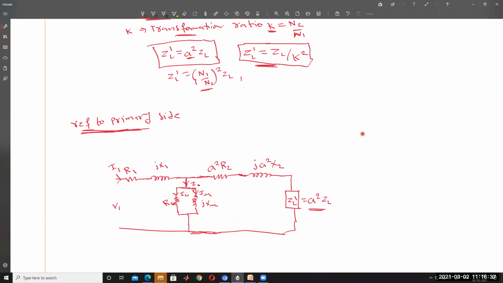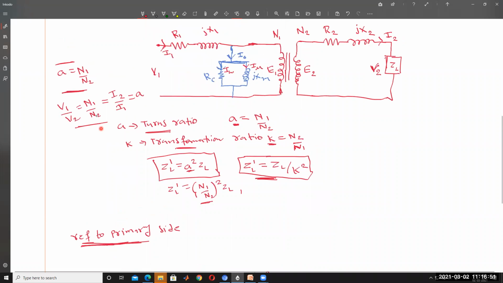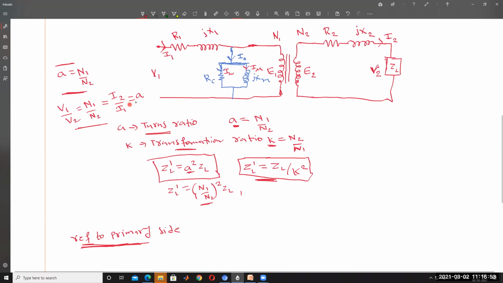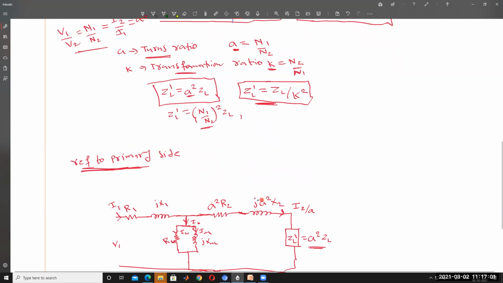And what is the secondary current here? I2 by A. You know the relation based on that. I2 by I1: what is the primary current when you are converting into the primary side? It will become I2 by A by using the transformation ratio.